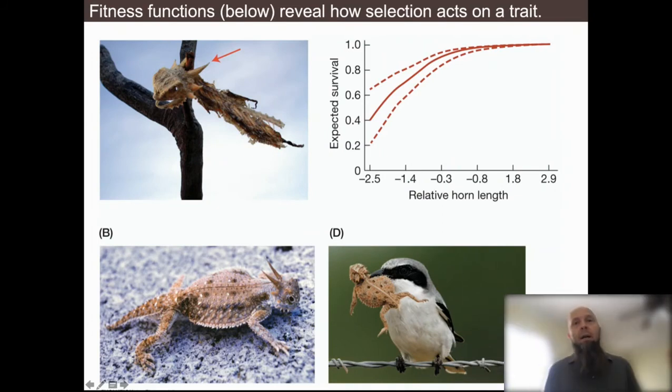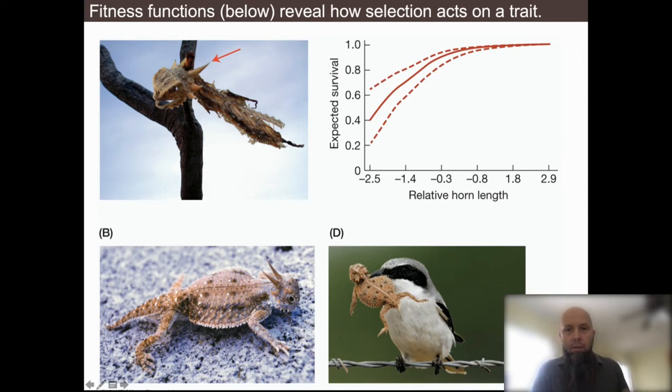Now, when we think about variation within a trait, we also want to think about the fitness of those different trait values, because not all different phenotypes within a population have the same fitness, as you might suspect. So here's an example of a horned lizard on the bottom left, and you can see on the right a horned lizard that has been caught by a bird, this bird being a loggerhead shrike.